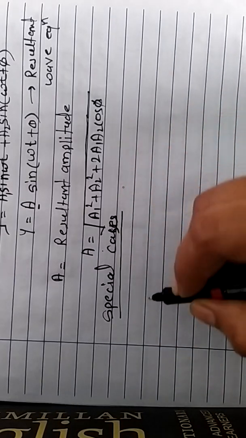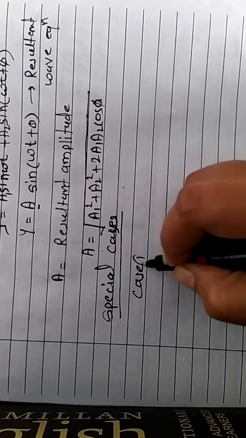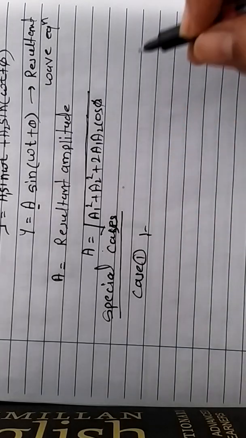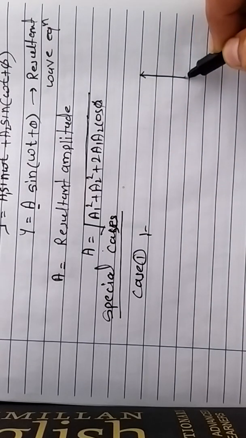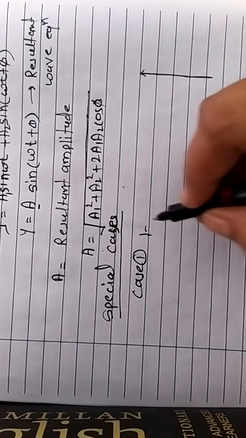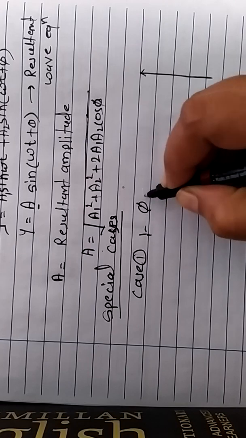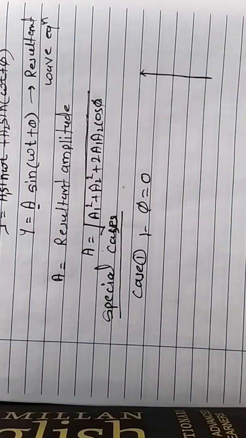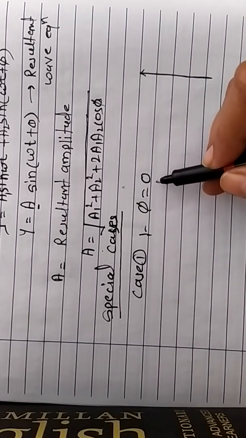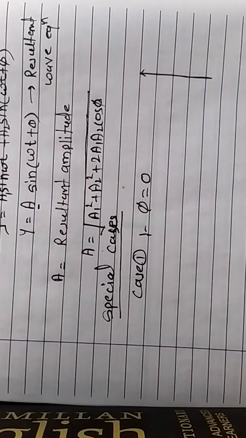Case one: consider two waves whose phase difference phi is equal to 0. That means the phase difference between the two waves is 0.